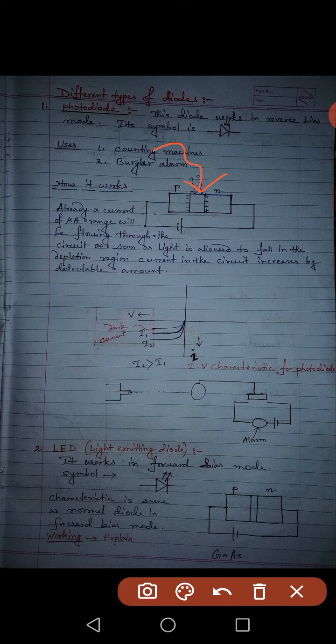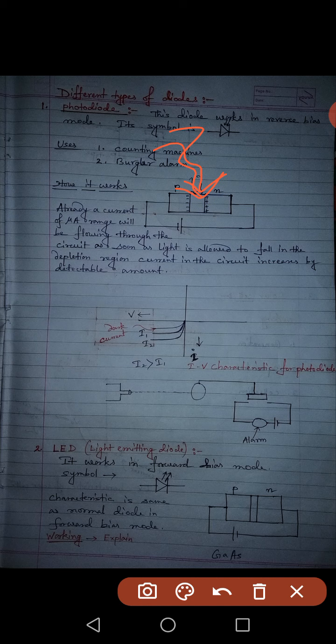In other words, when this light ray falls on the depletion region, it creates electron hole pairs, because initially, when no light was falling on the depletion region, there were no free charges. But as soon as the light falls, some electrons come out from their respective atoms.